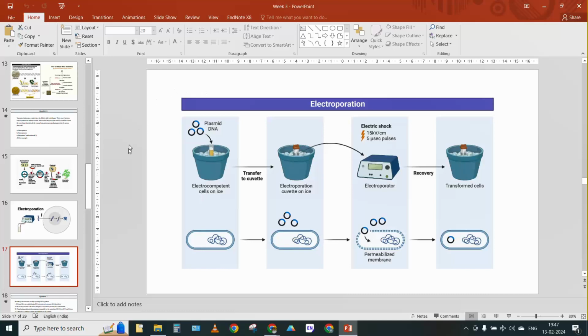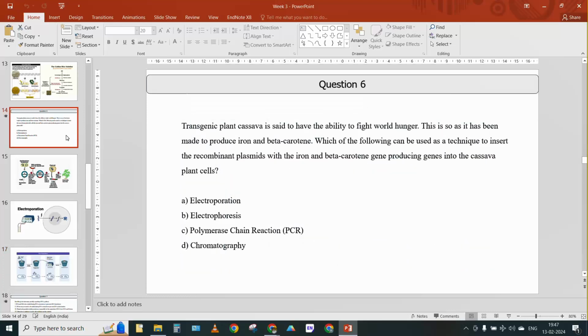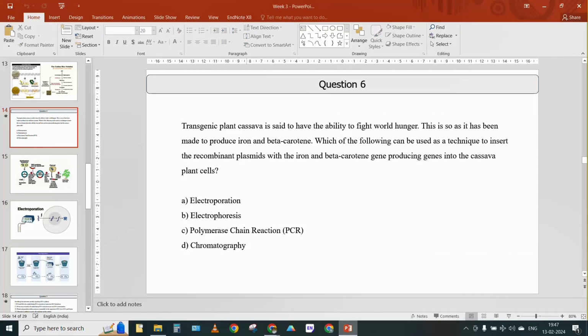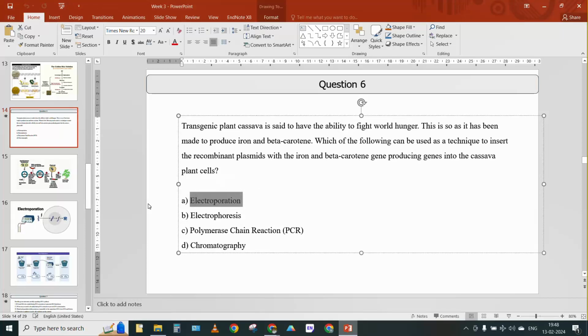So for all these reasons, electroporation is the best technique to insert the recombinant plasmid with the iron and beta carotene gene producing cells into the cassava plant cells. So the researchers might have used electroporation. Sorry, not might have. They have used electroporation. So according to me, option A is the correct one.